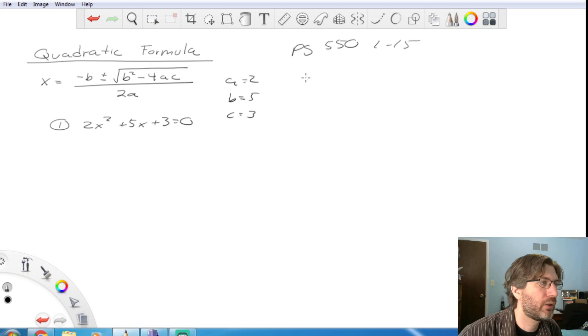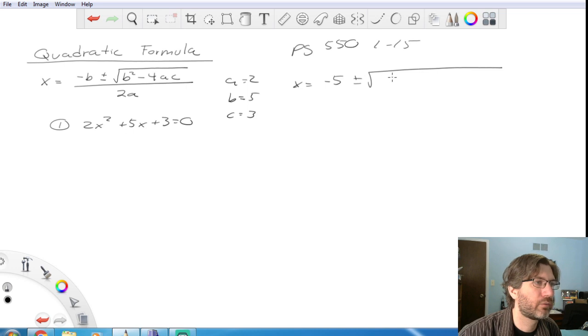Plug it in, you get x equals negative 5, because b is negative here, so opposite of 5, plus or minus the square root of 5 squared minus 4 times a, which is 2, times c, which is 3, all divided by 2a, which is 2.